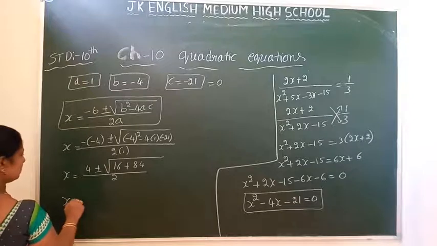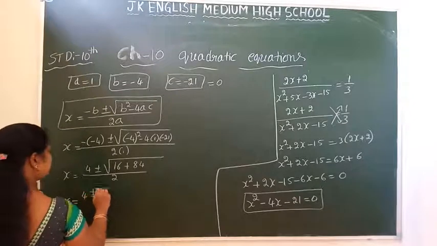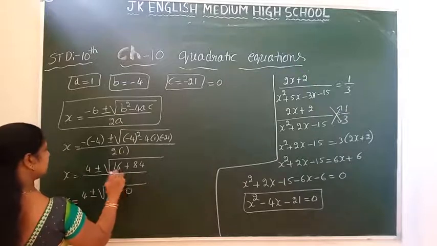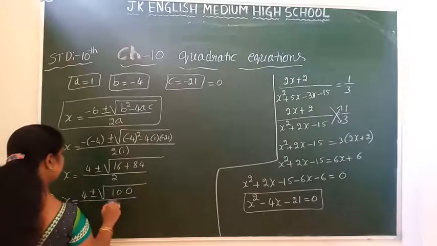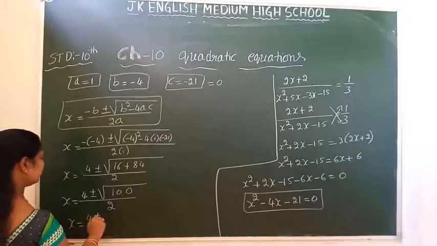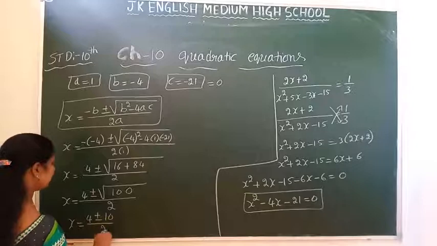So x is equal to 4 plus or minus, 16 plus 84 is 100, divided by 2. We know the square root of 100 is 10, so plus or minus 10 divided by 2.